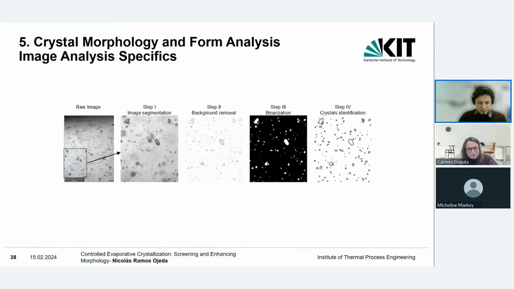Yeah, in our case, I presented before 3 different APIs, and for the experiments with upscaling we selected, of course, the most generous API, the one that didn't show any polymorphism within the temperature range that we were working.